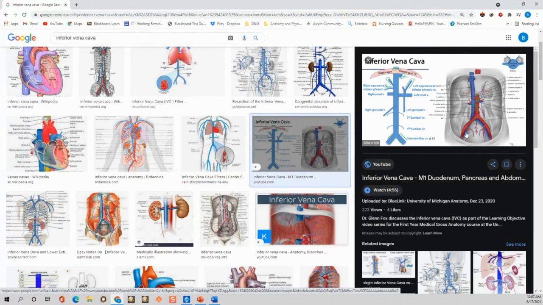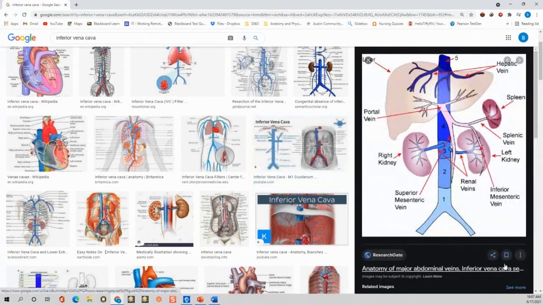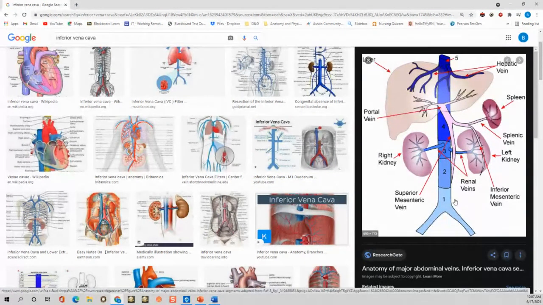It's absolutely ginormous. So don't let the word inferior trick you. It's not inferior in terms of size, it's just inferior in terms of direction. And all of the blood from the body, from kidneys, from liver, from spleen, all of that ends back into the inferior vena cava. It's big, it's real big.